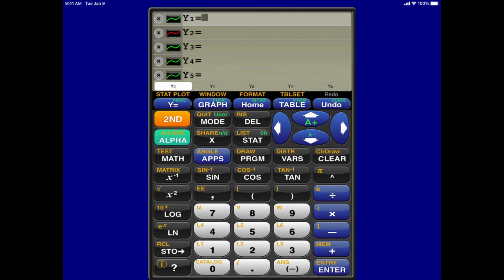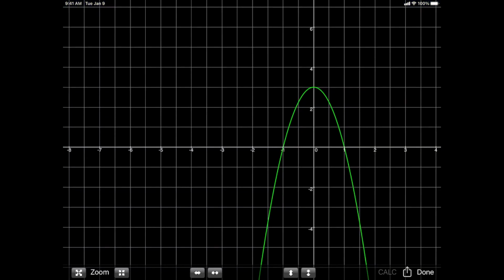I think it was negative, whoops, 3x squared plus 3. Okay, so let's just go to a graph first. So you can already tell, you don't even need a table of values, but you already know the answers are negative 1 and 1.